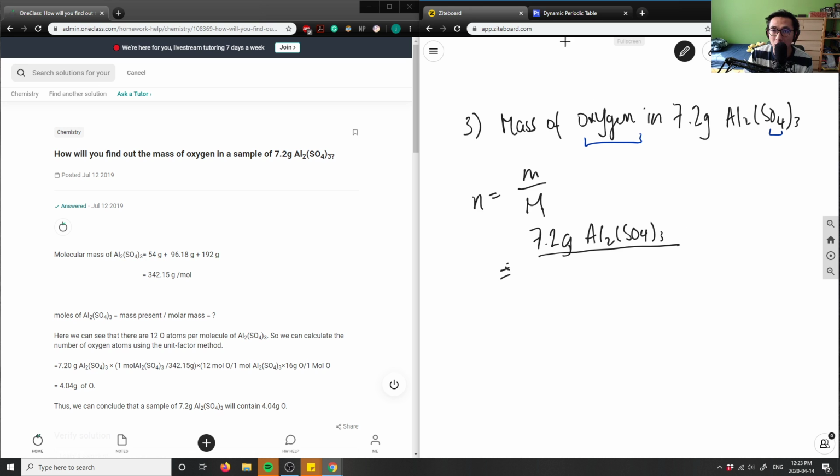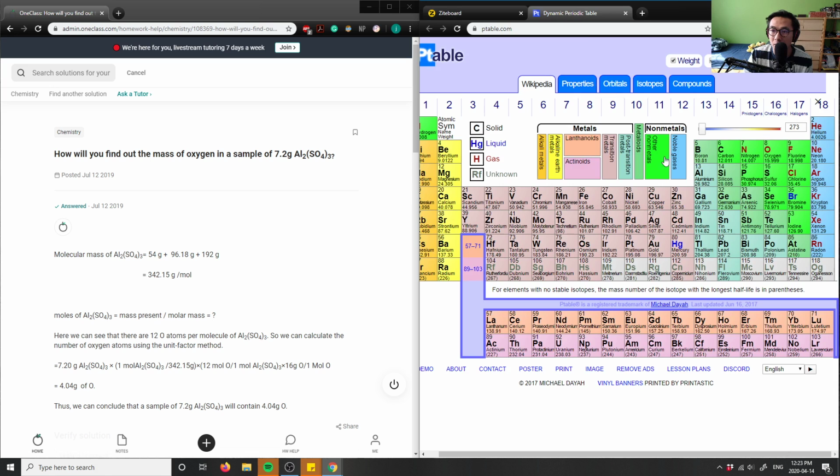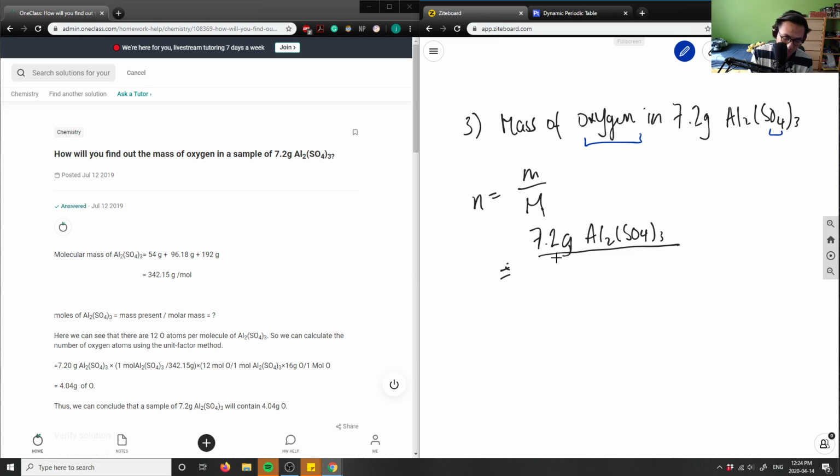So in order for us to calculate molar mass, I'm going to do this in blue. We have 2 aluminum atoms here. Aluminum is 26.982 grams per mole, so we have 2 times 26.982, plus we have here SO4, we have 3 sulfurs, right?